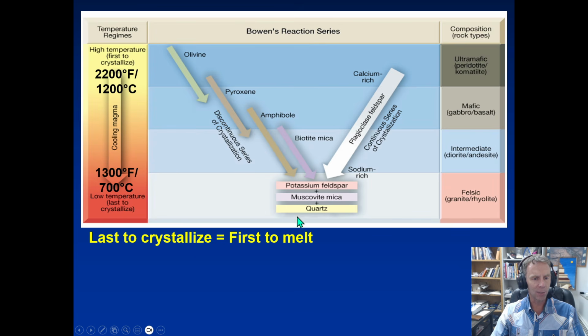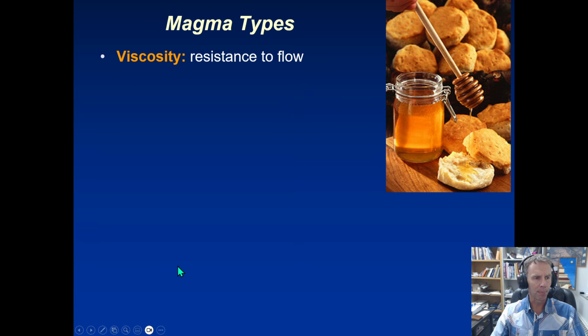And it turns out that these minerals at the bottom of Bowen's reaction series, which are low temperature minerals, although they were the last to crystallize, if a rock is being heated by some external heat source, those are the first minerals that will melt. So quartz will melt at a much lower temperature than something like olivine or biotite. That's kind of handy as we look at these crystals and their history, because they tend to sometimes get recycled over time.